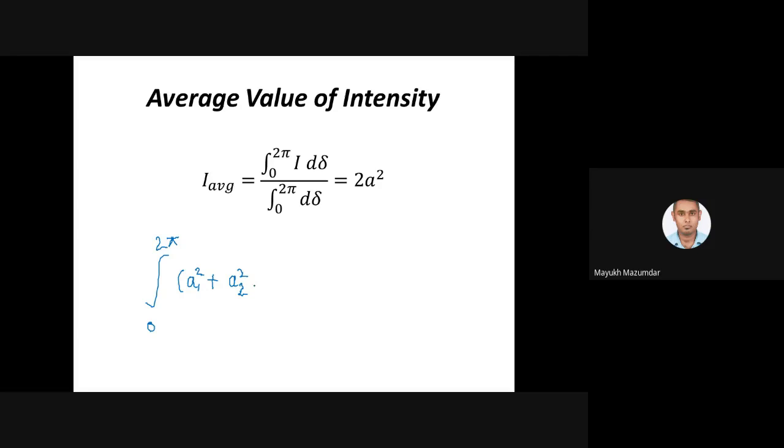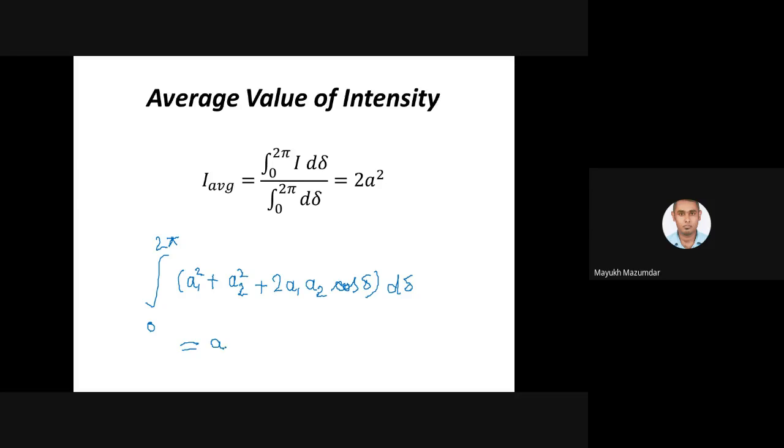Half cycle means 0 to pi, full cycle means 0 to 2 pi. That means how much portion of a wave are we taking into account? So this would be the numerator. Very easy. A1 square is constant, A2 square is constant. So what will you get from here?